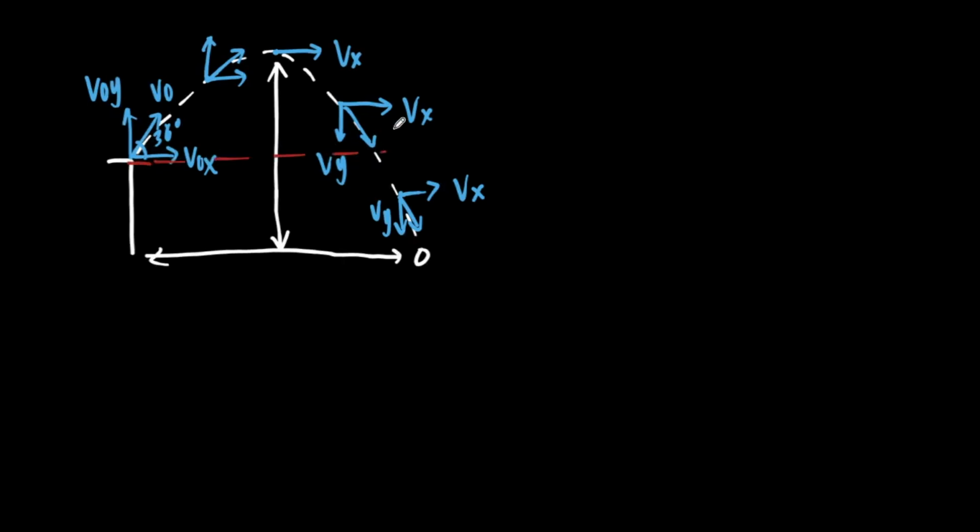So do we count that if we're talking about displacement? No. If we're talking about the distance, then we will count. But if we're talking about the displacement, we don't, because in displacement, the direction is important. So if it just goes back to the original height, then there's no displacement at all if we're talking about the y-axis.